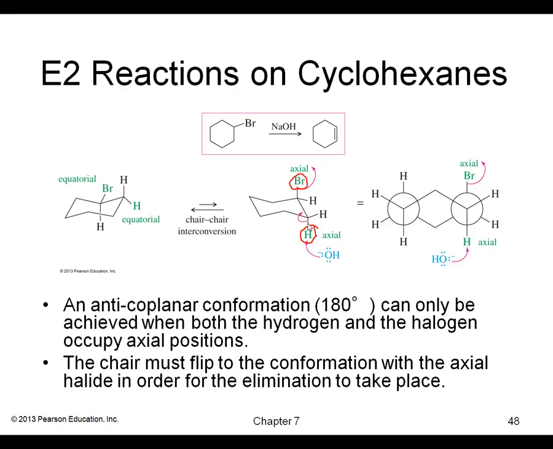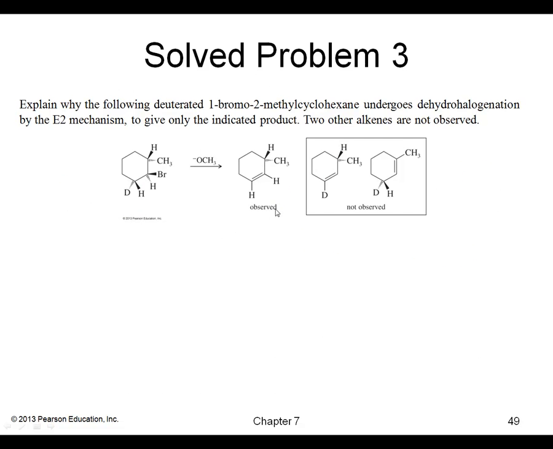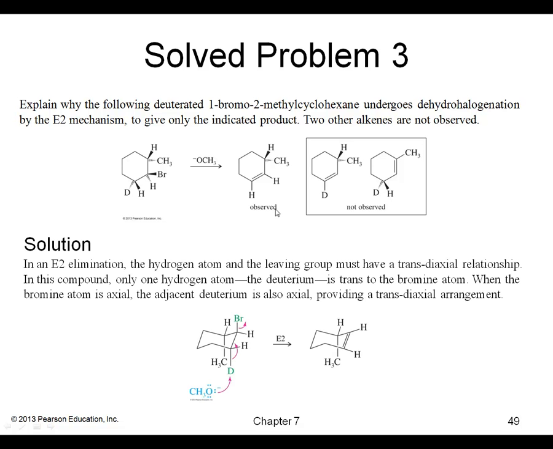If this hydrogen here was not axial, then I would have to do a ring flip to get it axial. So again, watch the video as I cover this stuff in a lot better detail than these slides can present.